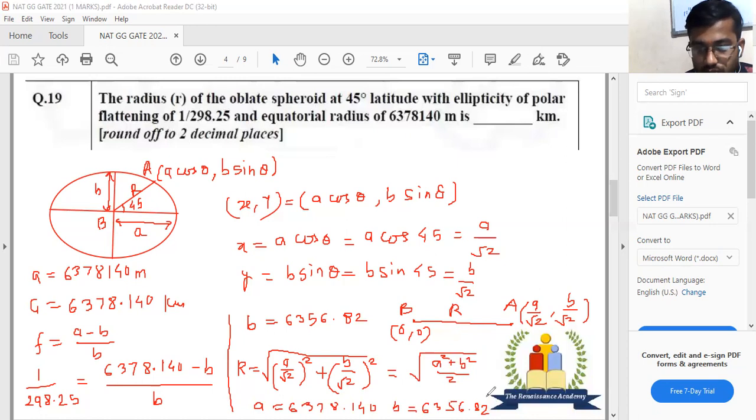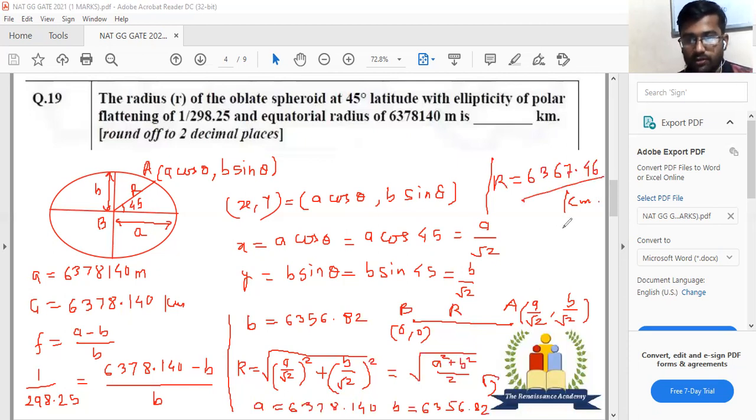Now substitute these values in the given equation, then square, add, and by taking square root, you will get your final answer, that is r is equal to 6367.46 kilometer. This is your final answer.